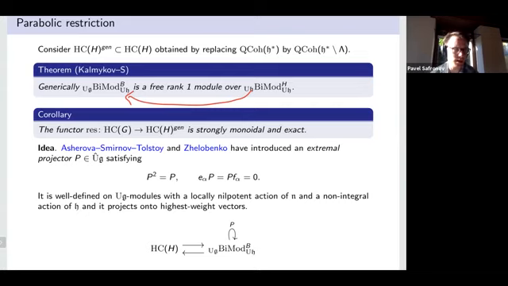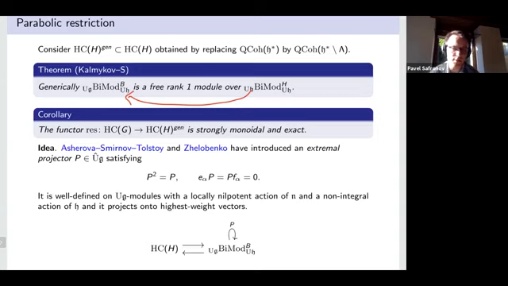So it was introduced in, I think, the 70s and 80s by Asherova, Smirnov, and Tolstoy, and Zhelobenko. So it's basically an element of some completion of UG. So it's both completion and localization of UG, which is an idempotent. So it squares to itself.